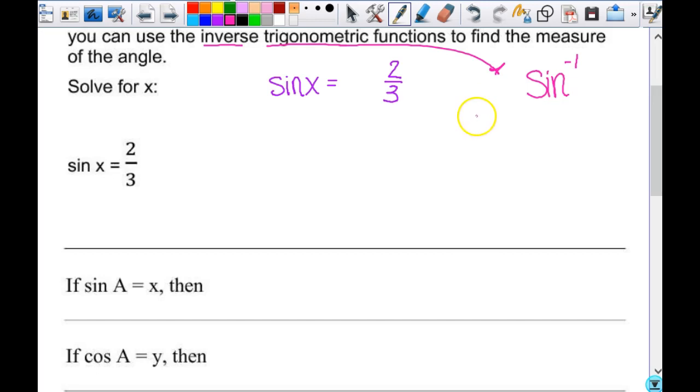All right, so the way you say this, because you don't say sine to the negative 1 power, except to say that's what it looks like, you can say sine inverse. You can say inverse sine.